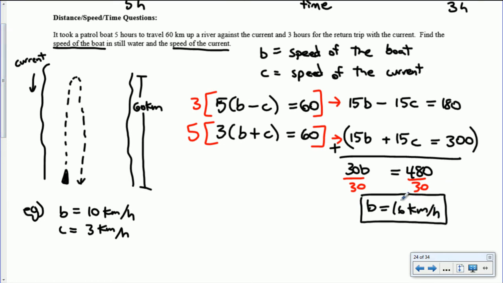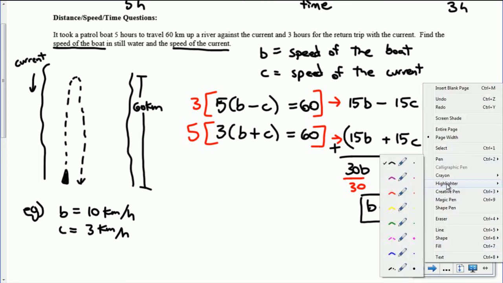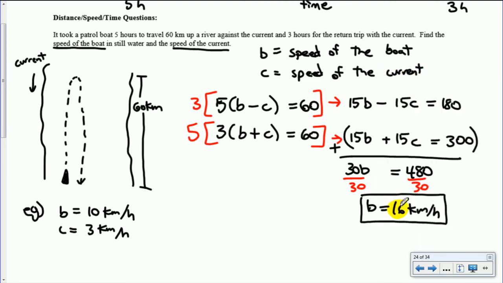And now we just need to figure out what the current speed is. So I can substitute 16 into any of these equations up here, and just solve for c. So substitute that in there. So it'll be 5 times 16 minus c equals 60.